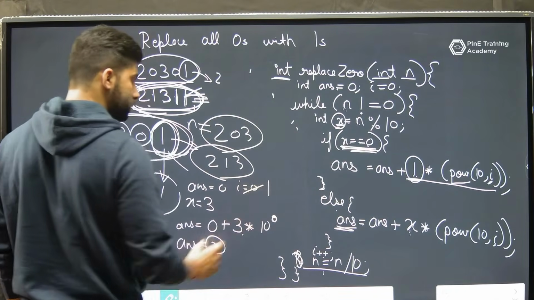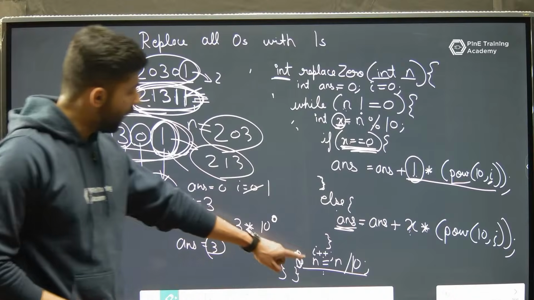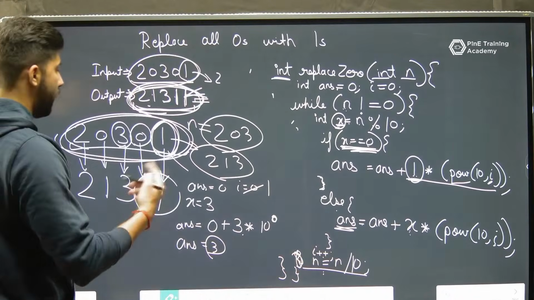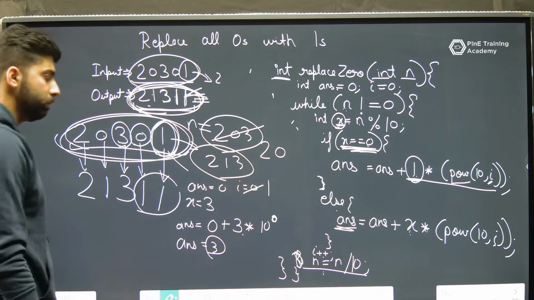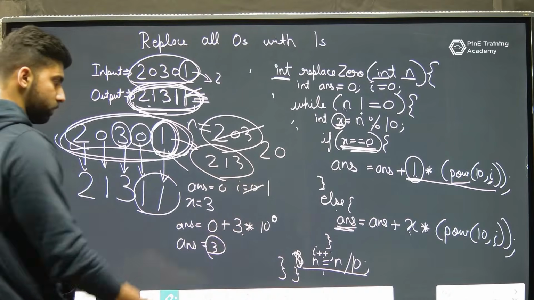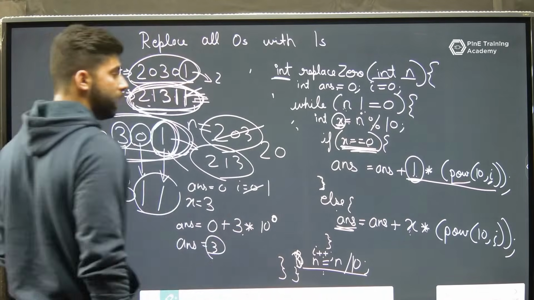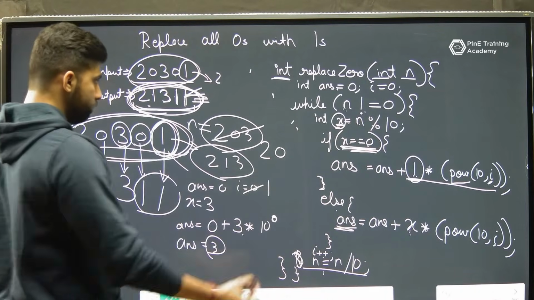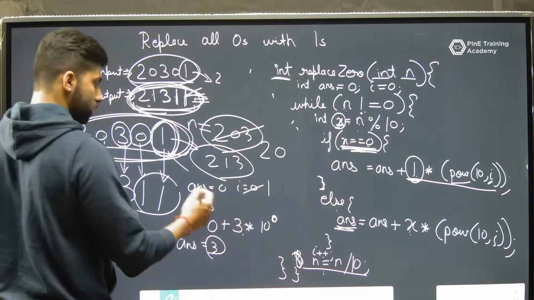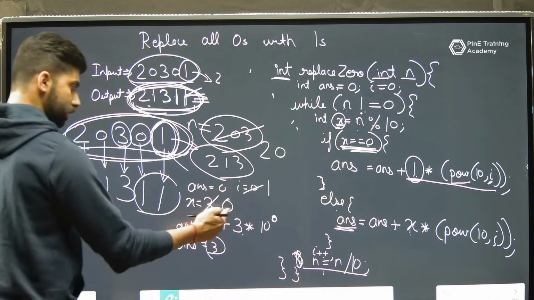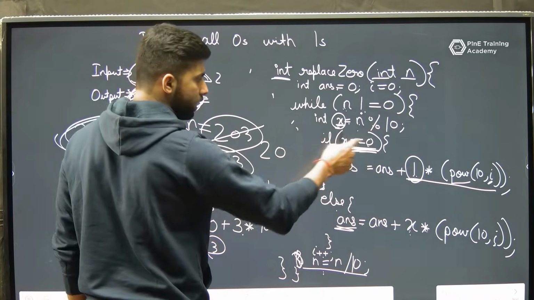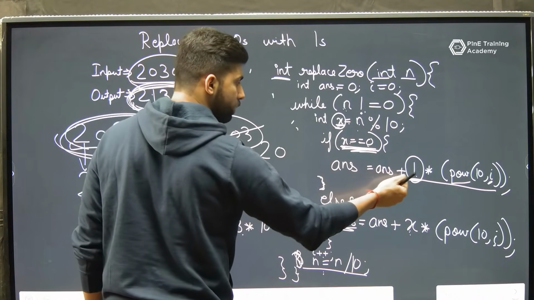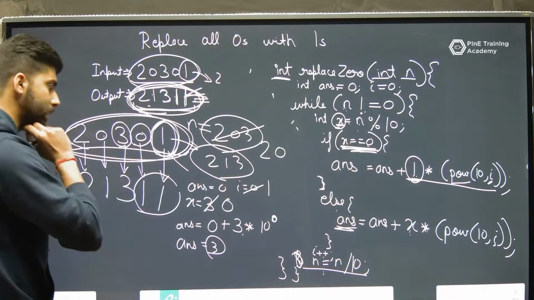So I plus plus means I becomes 1. n equals n by 10. Dividing by 10, that means this number now becomes 20. We will again check. Is n 0? No, it is not. We get the last digit. So this time x is 0. If x is 0, that means this if condition will be true, and we will do answer plus 1 multiplied by 10 to the power I.